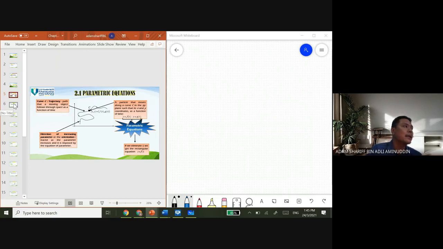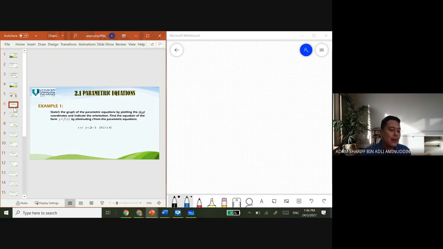So kebanyakannya graph parametric ni dia banyak dalam bentuk curve, dan dia ada pergerakan, it has a movement, therefore it will have an orientation, arah. Okay, so we start with the simplest one.